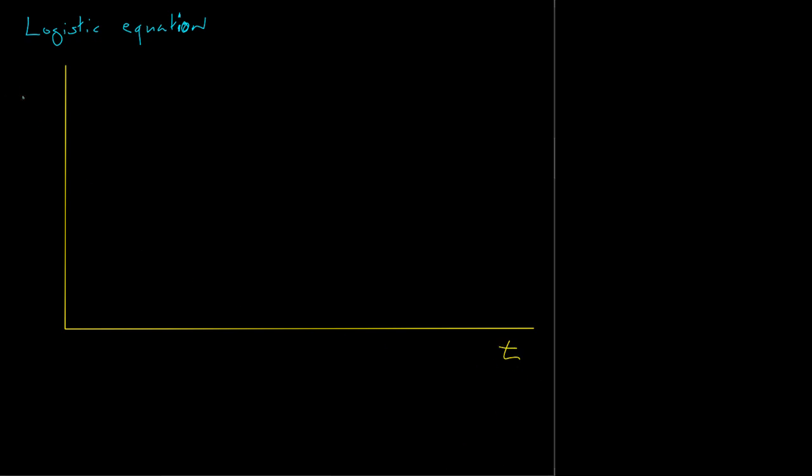All right, so that's time. And this is some amount of stuff. Usually it's a population, but it's some amount of stuff. So this is 0 in amount of stuff, and this is 0 in time. Now, I can start with a given amount of the population.